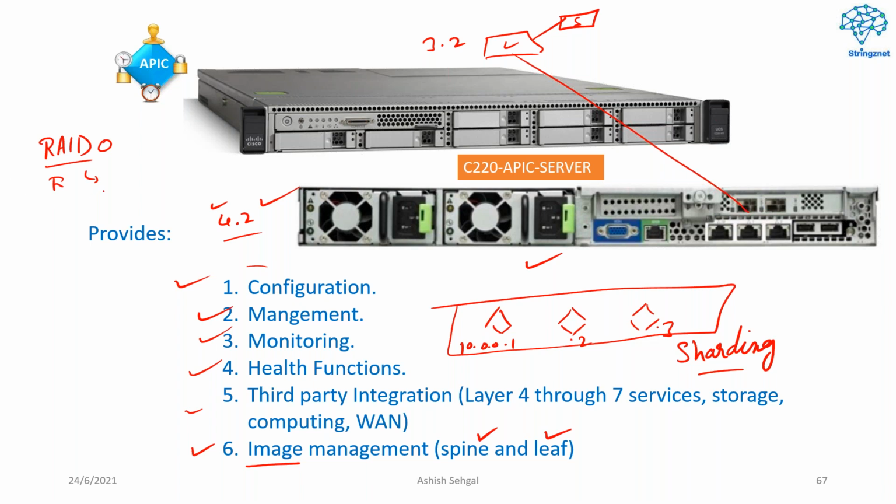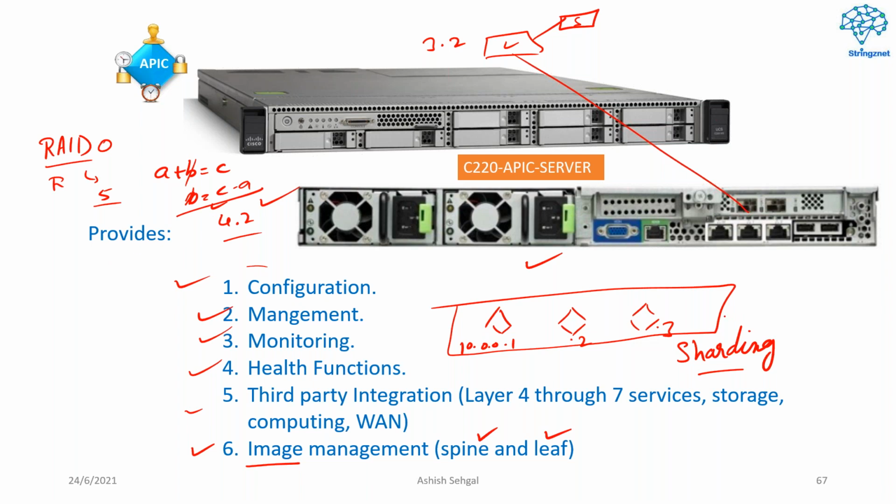RAID 5 is one of the mechanisms, and we say striping with parity, which is based on a simple equation. For example, A plus B is equal to C. In this simple equation, if any one of the variables is lost, for example, we do not know the value of B, B can be calculated with the help of C minus A.